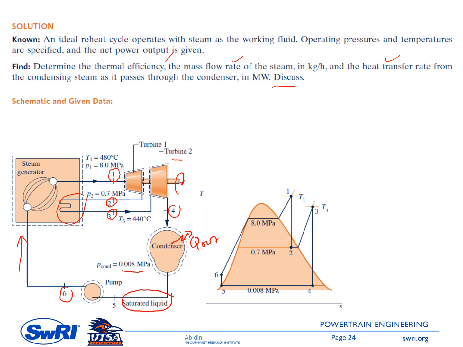On the right side is the T-S diagram. So point number 1, I believe this is a superheated vapor. So you can also check using table A2 or A3, because this is water. So go to table A2, and then look at temperature 480 degrees C, and check what is the saturated pressure.